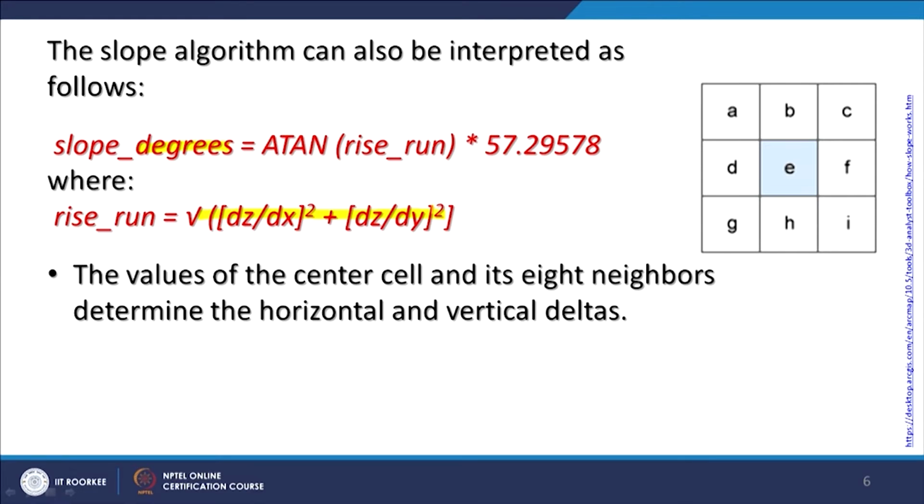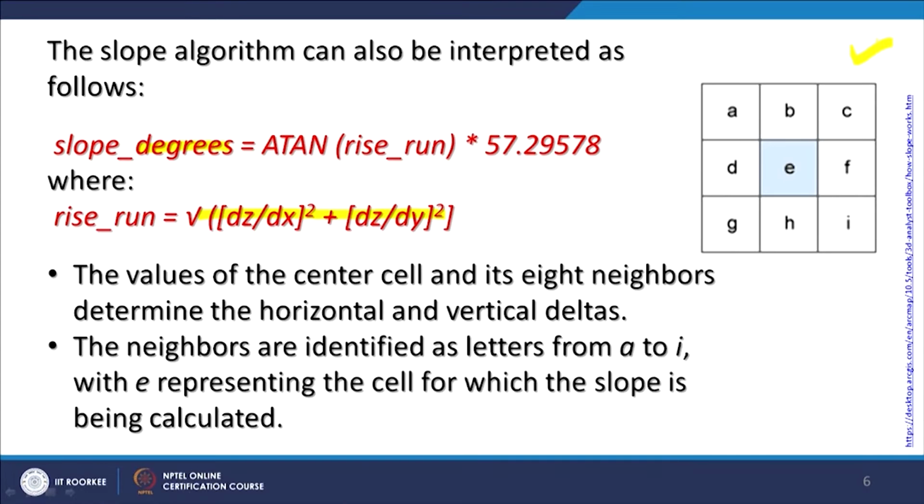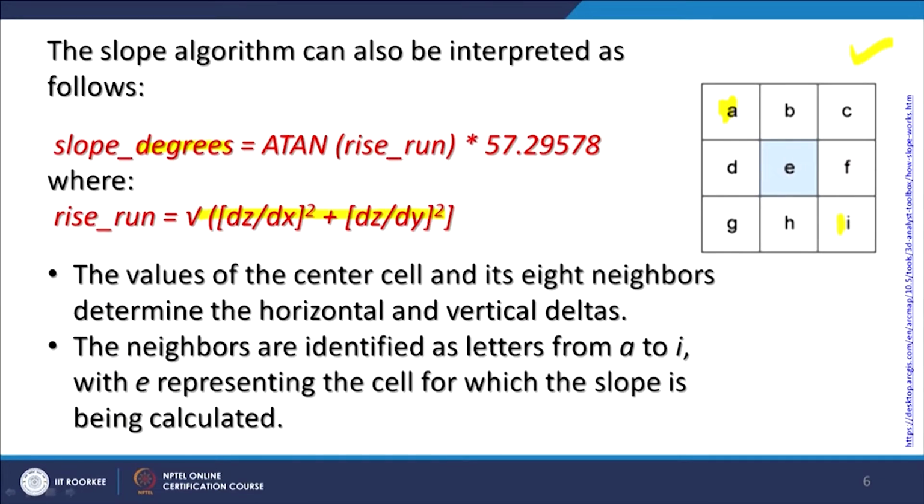Here in this example, for each cell the values are calculated in both directions, and the neighborhood is identified between A to I, where E represents the cell for which the slope is being calculated. Always in a 3 by 3, or 5 by 5, or 7 by 7, the calculation is performed for the center cell. Now the rate of change in the x direction for each cell is calculated with the following formula.